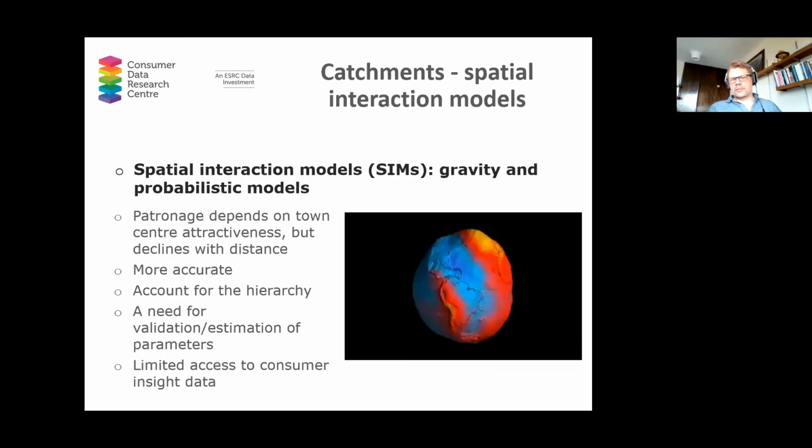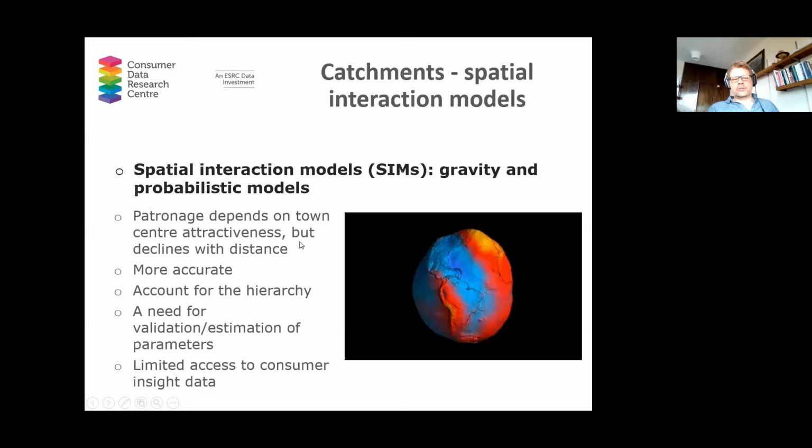Right, so for these reasons, we use something called spatial interaction models, SIMs, in other words. Typically, these SIMs would also be called gravity models or probabilistic models. They apply the Newtonian law of physics, gravity, basically. That's the very simple concept of it, where patronage depends on town center attractiveness, but declines with distance.